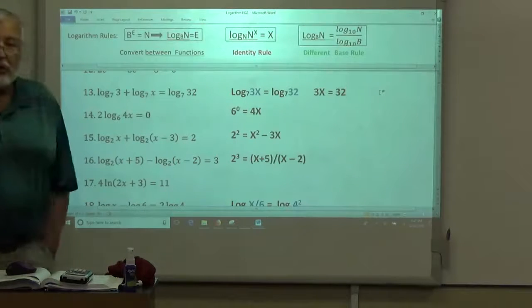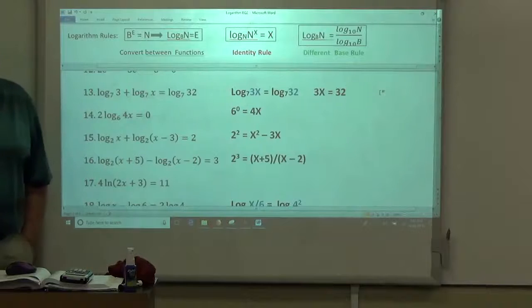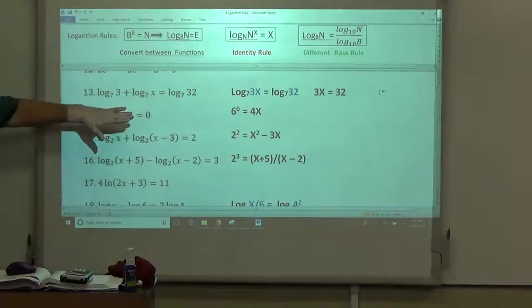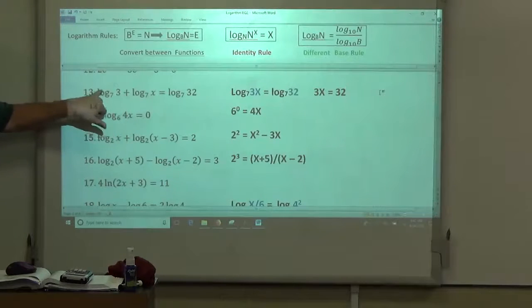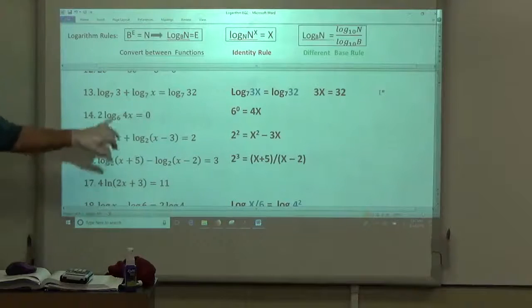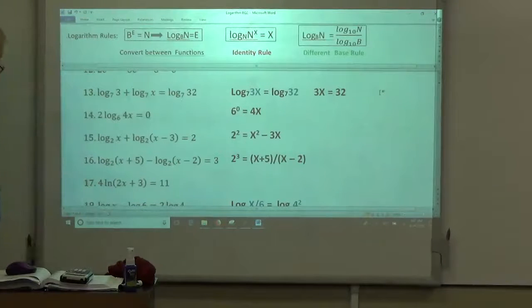Now, what was the key to getting to that easy algebra? It was knowing what this means back here. Because these are both logs of the same base, the addition of the logs means that the numbers were multiplied. That's why that becomes 3x.